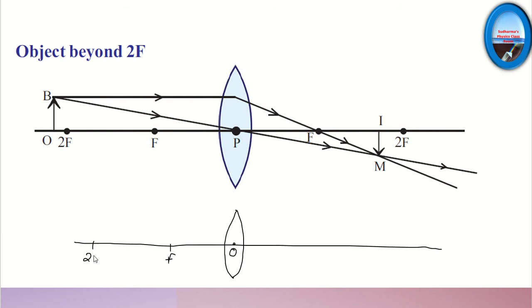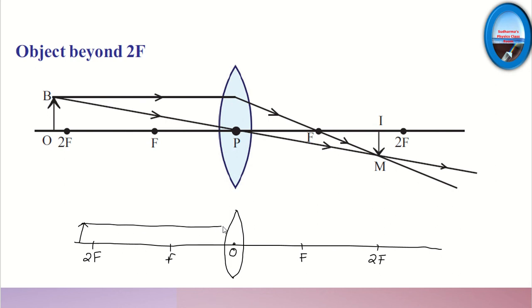Here we don't call it center of curvature. In the mirror we call it center of curvature, but here we call it 2f, because since it is refraction, we cannot say it is exactly at the center of curvature. So it is 2f. Okay. Now the object is beyond 2f. So I'm going to draw an object beyond 2f. Lens ray diagrams are really easy because we take a ray which is parallel to the principal axis, and another one which passes through the optical center.